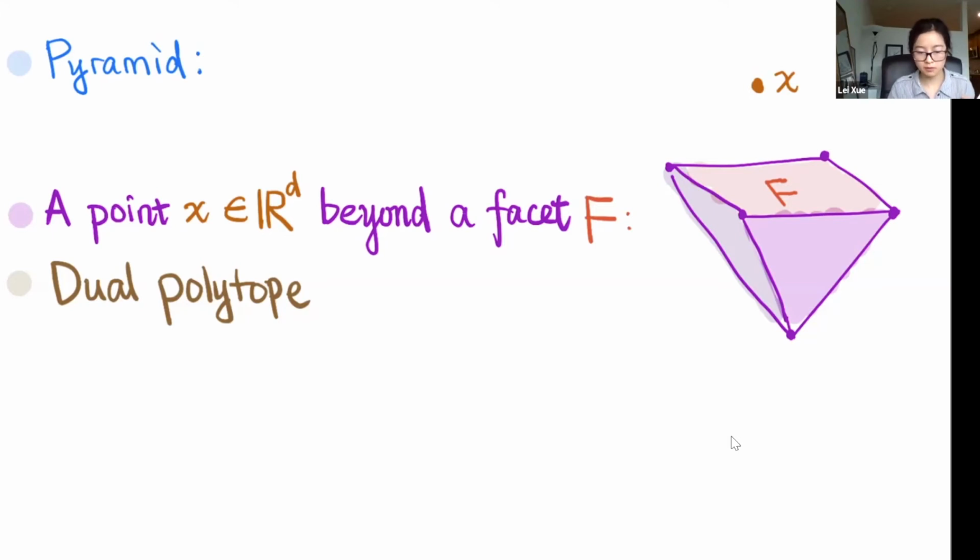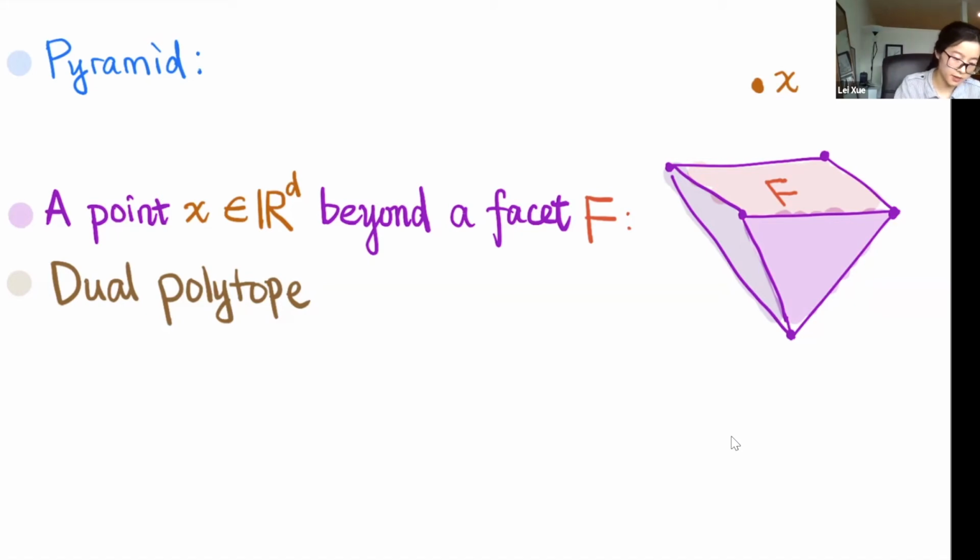Another way to think of it is to look at the polytope from that point X, and that facet F should be the only facet that you could see. So it's beyond that facet if you can actually see that facet standing at the point X. It's possible that you can see multiple facets.